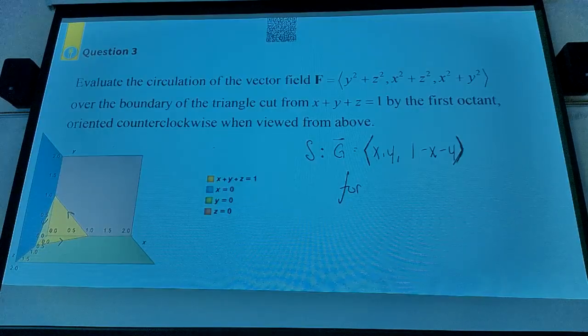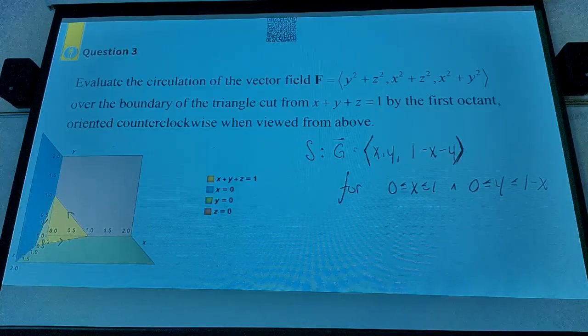And so we can decide to do either a vertically simple or horizontally simple domain. I'll do vertically simple. X will go 0 to 1, right? Y will go 0 to 1 minus x.